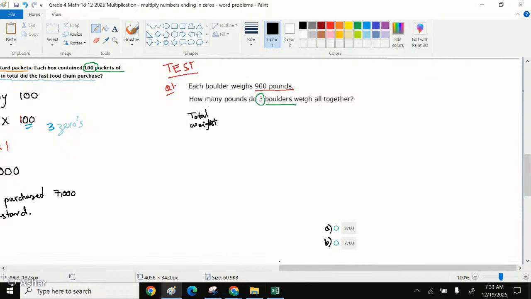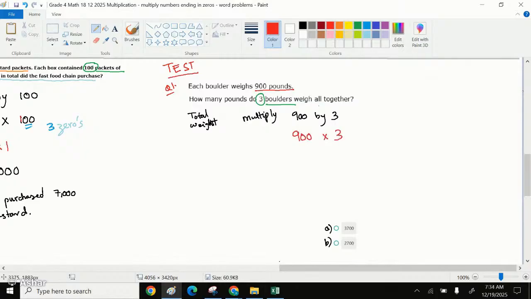So that means we multiply 900 by 3. What should be the correct answer? Can you give me the correct answer? 2,700. And I guess you found it by multiplying 900 by 3.